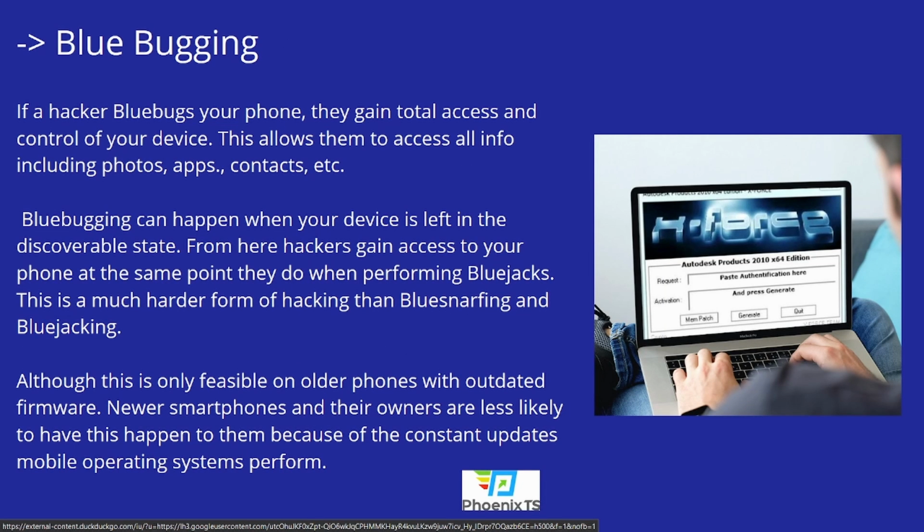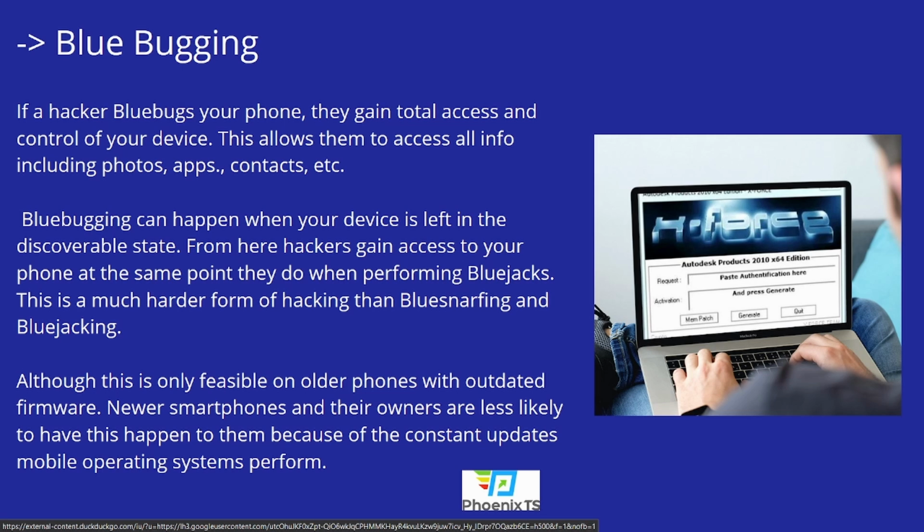Bluebugging. If a hacker bluebugs your phone, they gain total access and control of your device. This allows them to access all the information, including the device, photos, apps, contacts, and so on. Bluebugging can happen when your device is left in the discoverable state. From here, hackers gain access to your phone at the same point they do when performing bluejacks.